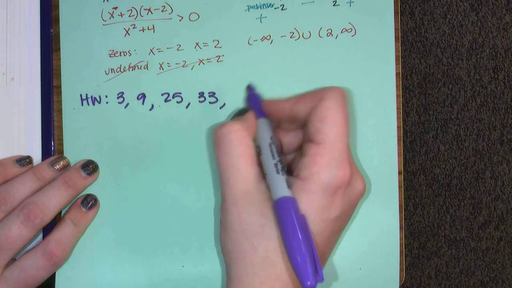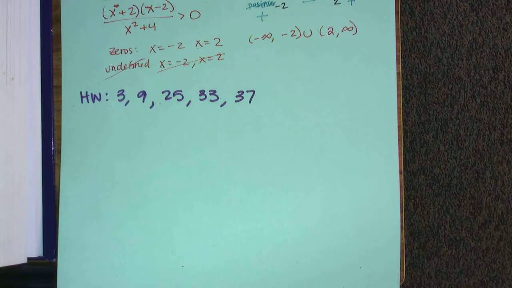Alright, 37 looks different than what we've had because 37, neither thing is factored yet. So the top and the bottom has not been factored yet. So it's x squared plus 2x plus 3 on top. That's not exactly what the problem is, but something like that. So basically, the top and bottom, you're going to need to factor first, and then use those to find your zeros and anywhere that it's undefined, and then go from there. Okay?